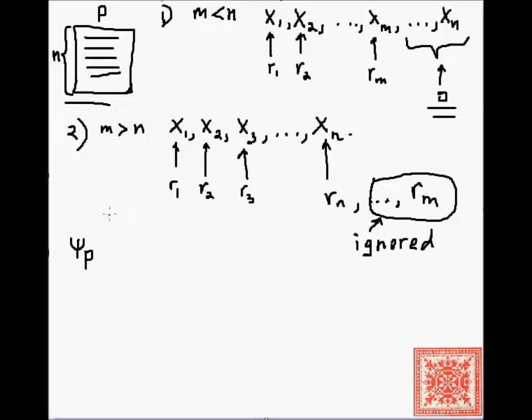So a couple of concrete examples. Let's say that we have a program P of 2 arguments, x1 and x2, and that program will compute the product of x1 and x2.